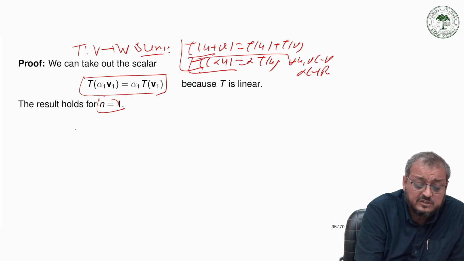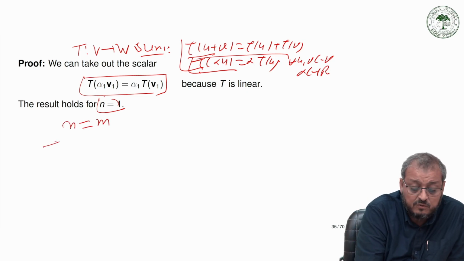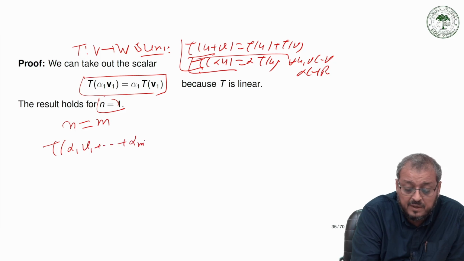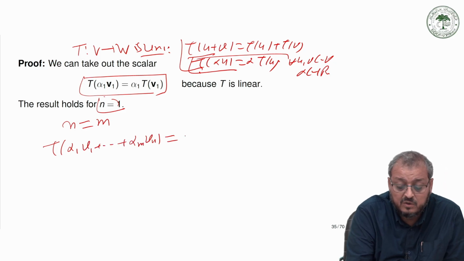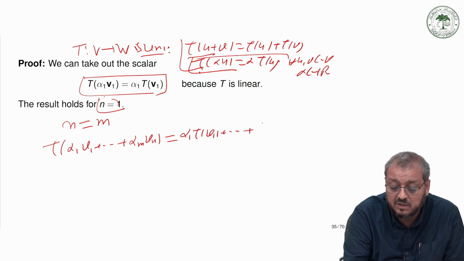Now we assume that the result is true for n is equal to m, meaning T of alpha 1 v1 plus so on plus alpha m vm is equal to alpha 1 T of v1 plus so on plus alpha m T of vm.